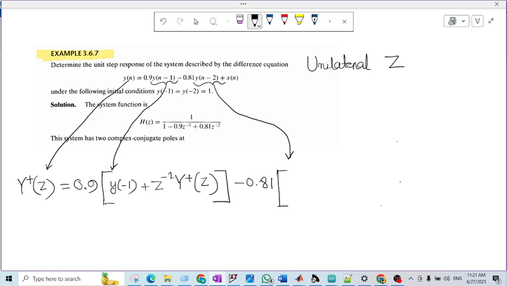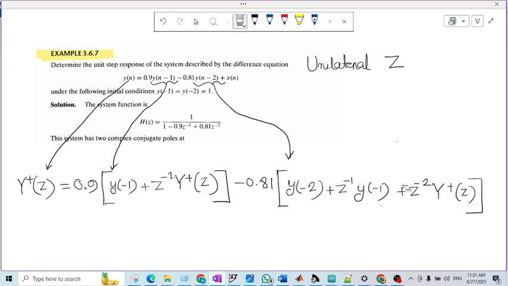First, if you have y[n-2], you have to write here first y[-2], then z inverse 1 y[-1], and then z inverse 2 Y plus (z). I think you got the pattern. Now if there is y[n-3], then if you want to transform, what you have to write?